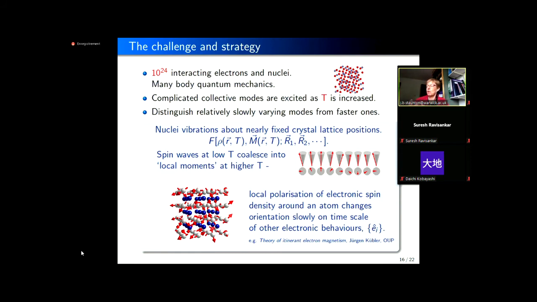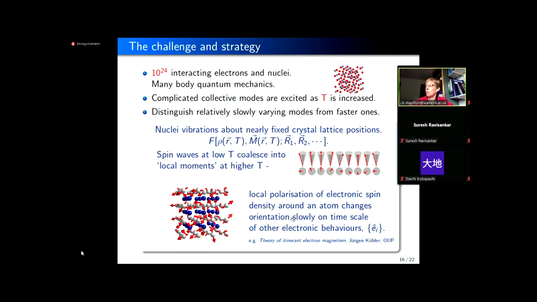So we've got these fluctuating local moments. But meanwhile, while that change in direction is happening, the electrons are scattering on and off at much faster timescales to essentially sustain those local magnetizations.